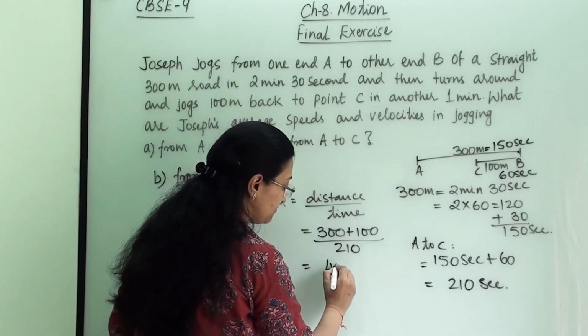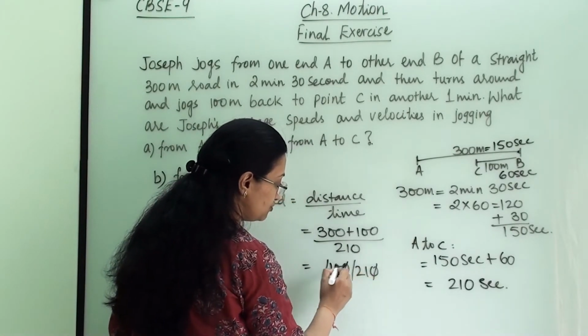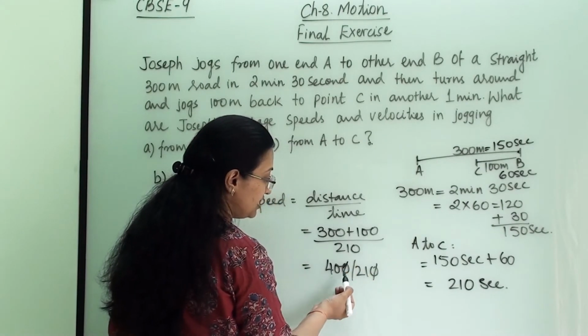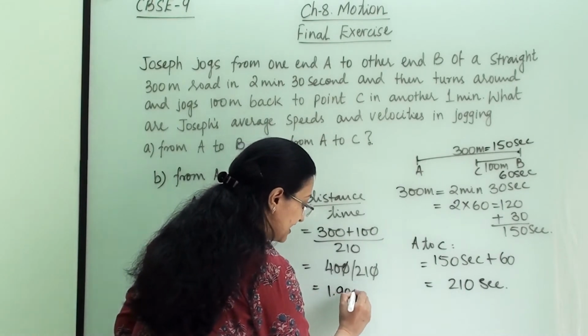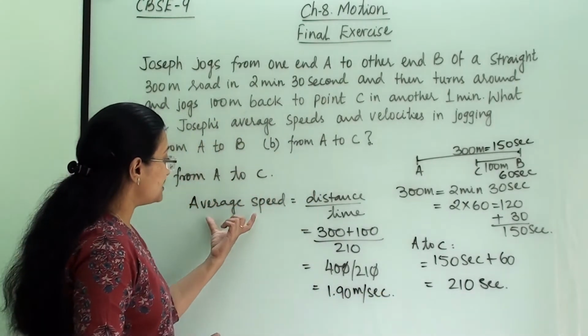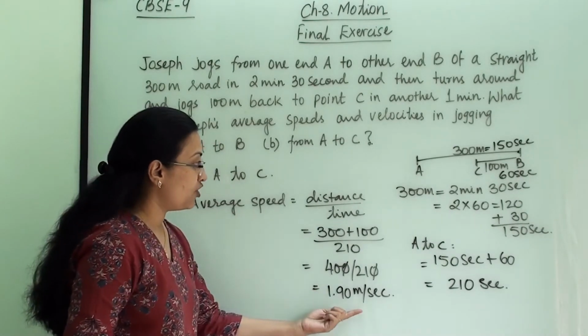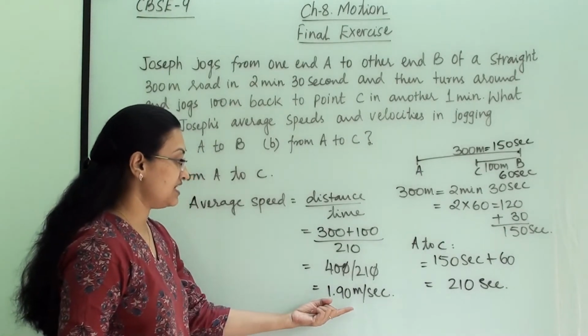So here we got 400 divided by 210. So the 0 will get cut, and 40 divided by 21 is there. 1.90 meter per second will be the answer, and this much is the average speed for A to C patch.